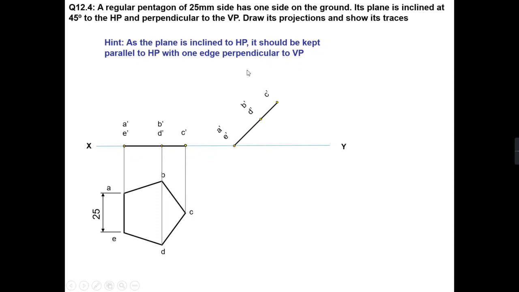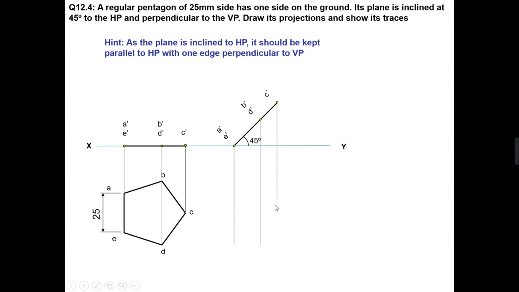Okay, then after drawing the front view, we have to draw the top view of this plane. For drawing that, it is very simple. You have to draw the vertical projectors from this line and the horizontal projectors from the top view of this pentagon.